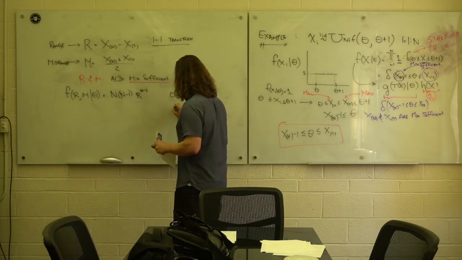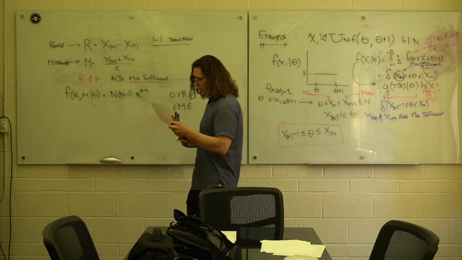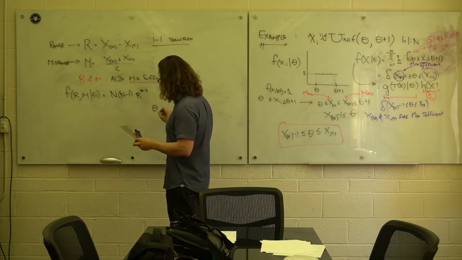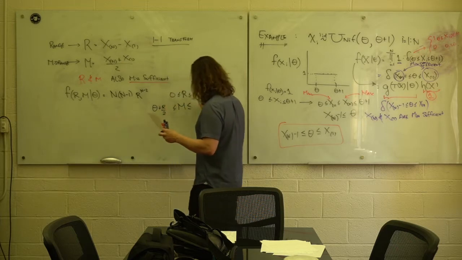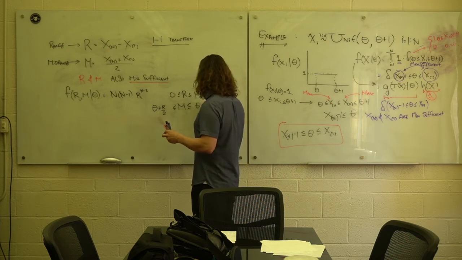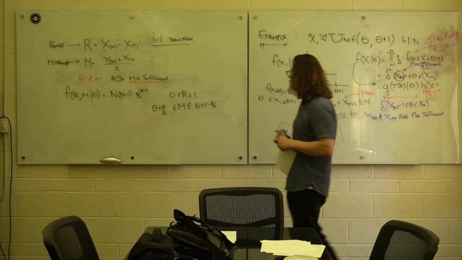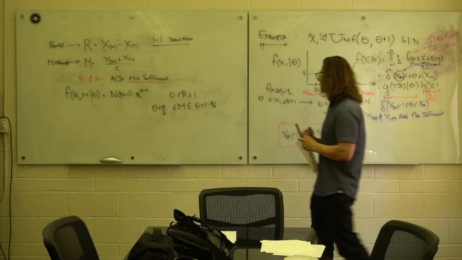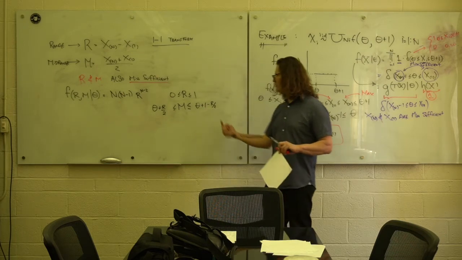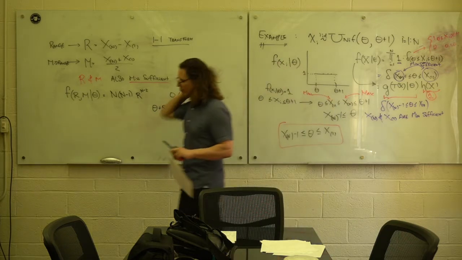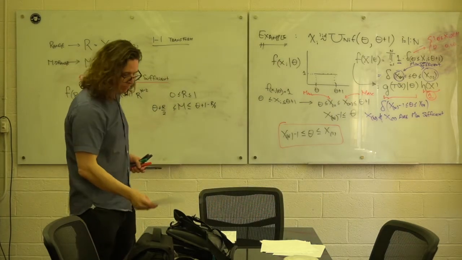And the mid-range is going to look a little bit different, and it's going to involve the parameter theta: from theta plus r over 2 to theta plus 1 minus r over 2. I'll let you work through that. Just keep in mind this thing never goes negative, just because the interval length is 1 itself. So that's the problem.